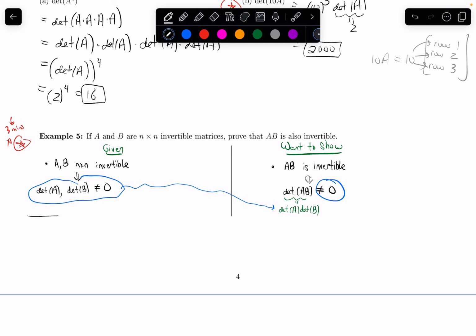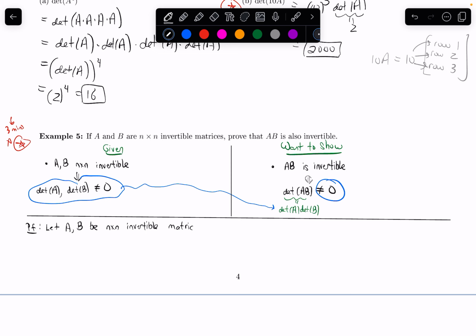So at this point, let us draw a line underneath this. We are, I think, done with the scratch work, and we're ready for the proof. So I always start the proof off by writing down the stuff that we're given. So in this problem, I'm going to let A, B be n by n invertible matrices. Okay, so in the proof, I write down all of my steps using complete sentences, really justifying what I'm doing each step along the way.